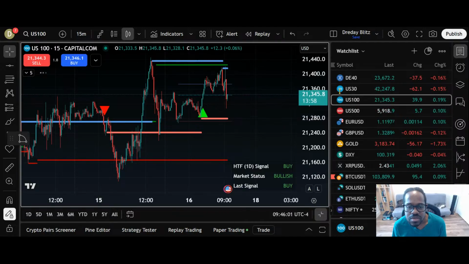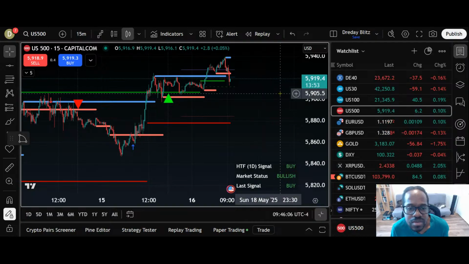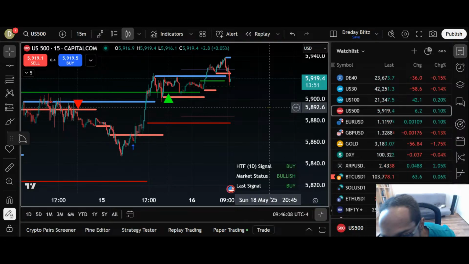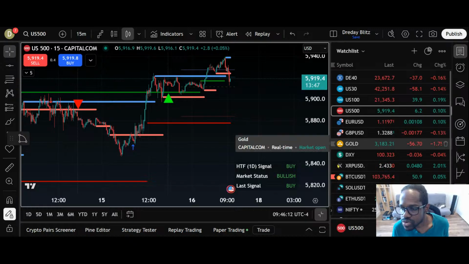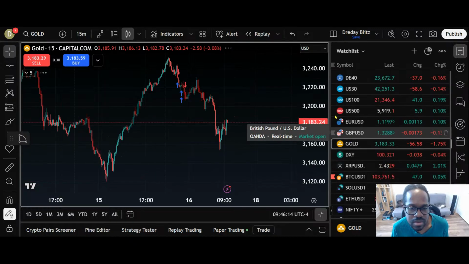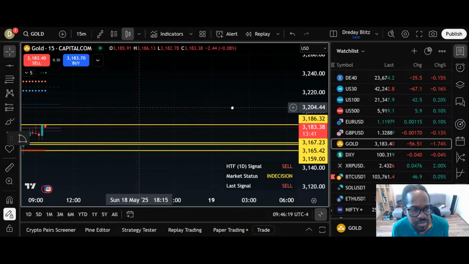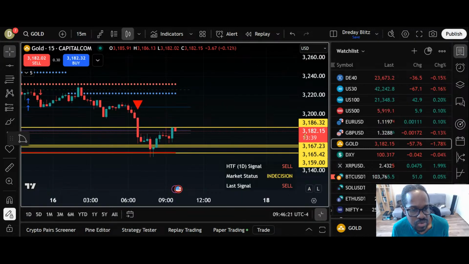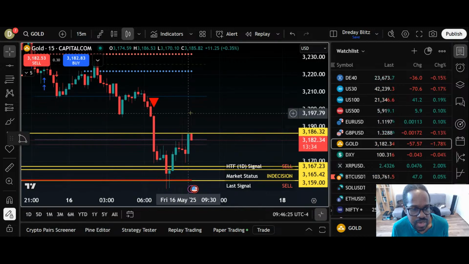That's 100, still going down. That's 500, still going down. And gold should be going up here. It's looking to reverse. Yeah. So it went back to those previous levels that I plotted. So I think they're done going down right now.